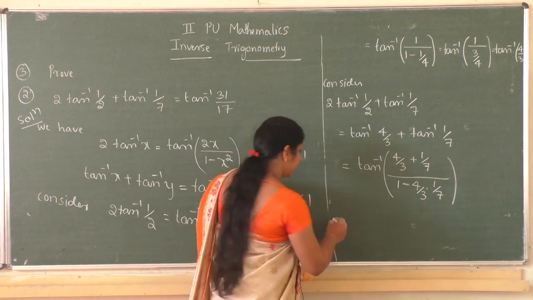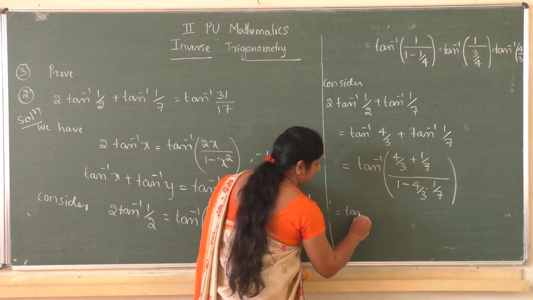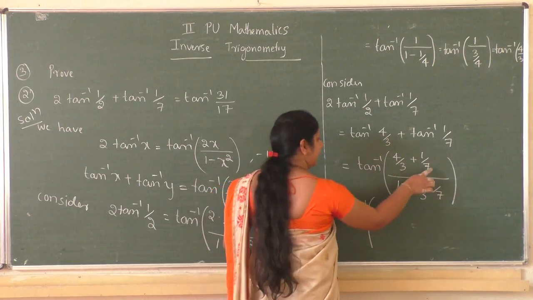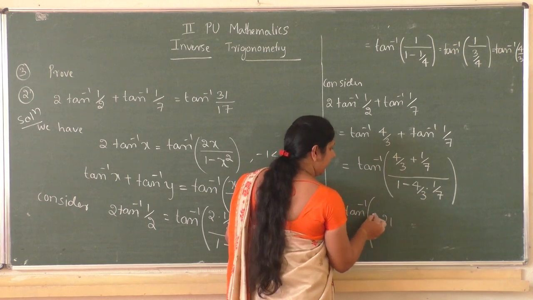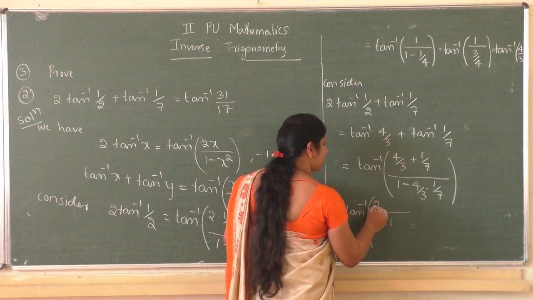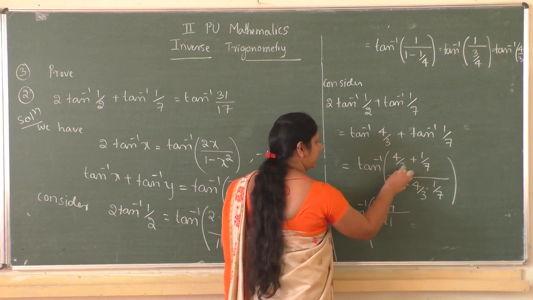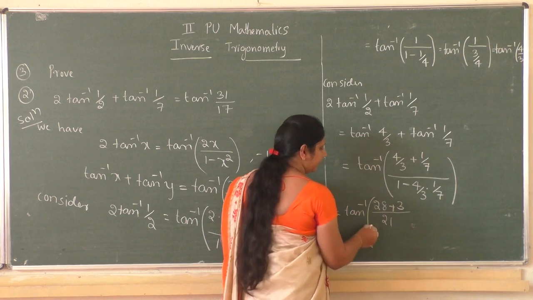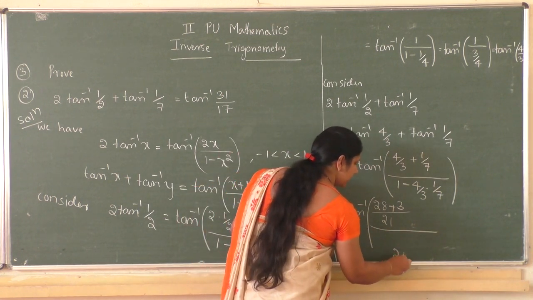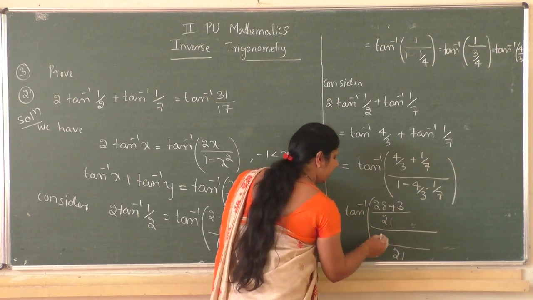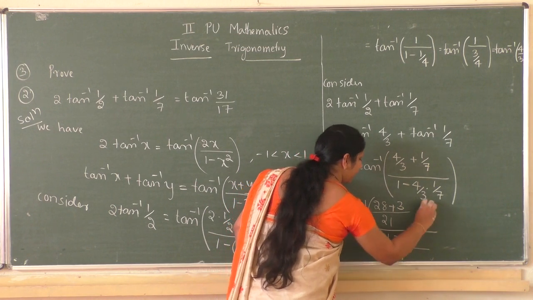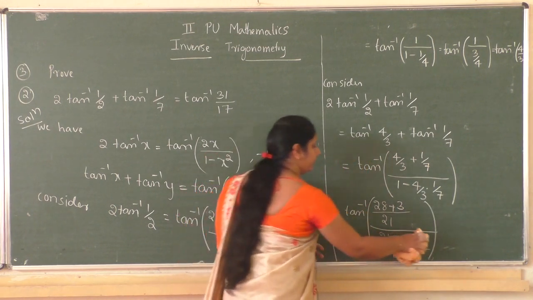Now we will simplify this, which is equal to tan inverse of, what is the common denominator? 3 into 7, that is 21. Numerator will be 4 into 7, that is 28, plus 3 into 1, 3. Now for the denominator, again 3 into 7 is the common denominator. Numerator becomes 1 into 21 minus 4 into 1, that is 4.